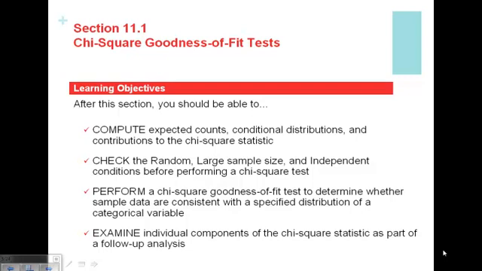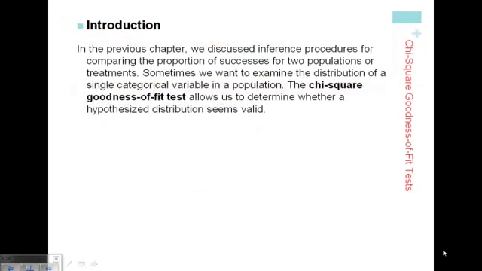We are going to perform the chi-square goodness of fit test on data today. And then we'll look at what's called the individual components that make up the chi-square analysis so that we can say, if there is a significant difference, where's that difference coming from? So, let's start.